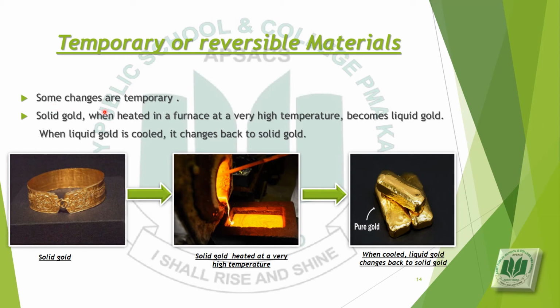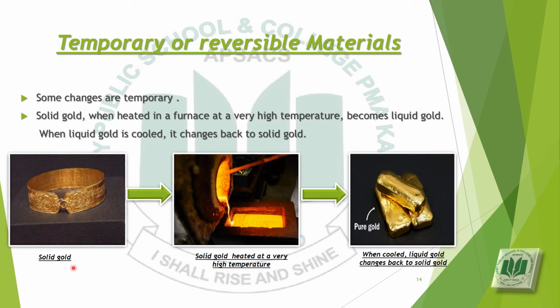So some changes are temporary. We have the example of gold. When solid gold is heated in a furnace at a very high temperature, it becomes liquid gold. When liquid gold is cooled, it changes back to solid gold.